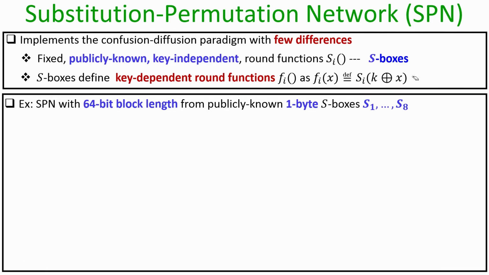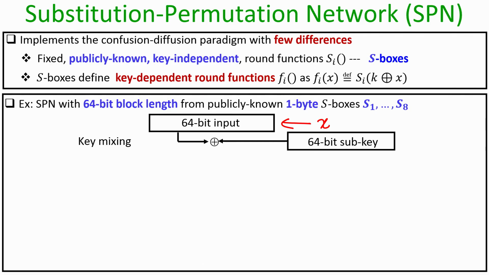So, again, to demonstrate how exactly an SPN works, let us discuss how we are going to construct a keyed permutation with a block size of 64 bits, assuming that we are given 8 S boxes. Those S boxes we denote as S1, S2, up to S8, and they are publicly known, they are key independent. So, this is the input for my keyed permutation, which I denote as x.